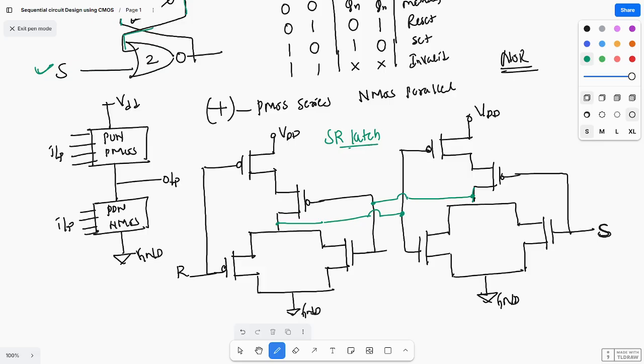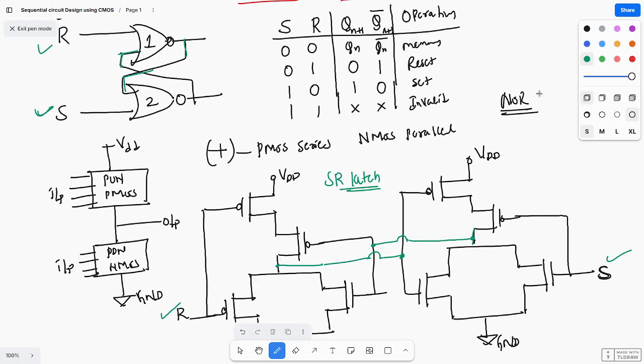I need to draw two NOR gates by using CMOS. After that, this is my R and S, and output will be feedback. So how am I connecting this? Here this is my R. This is my NOR gate 1, and this is my NOR gate 2.